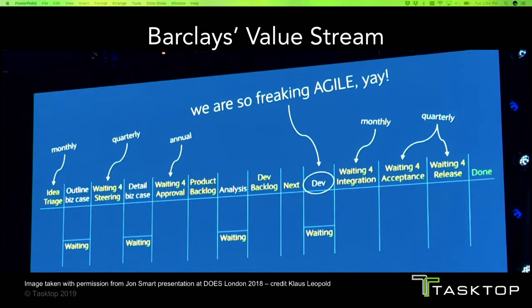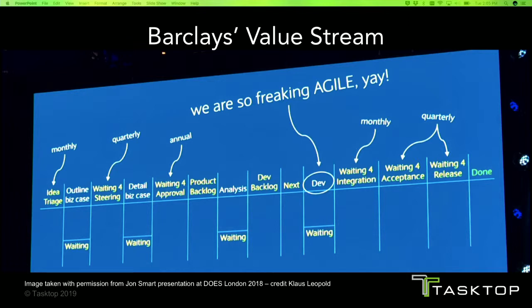So if you want to get something done in 2020, you have to have budgets submitted and approved early to mid 2019. You know, Barclays is a bank. There are a lot of banks. I mean, are we really so sure about the market conditions 12 months prior to when we're able to work on the work?